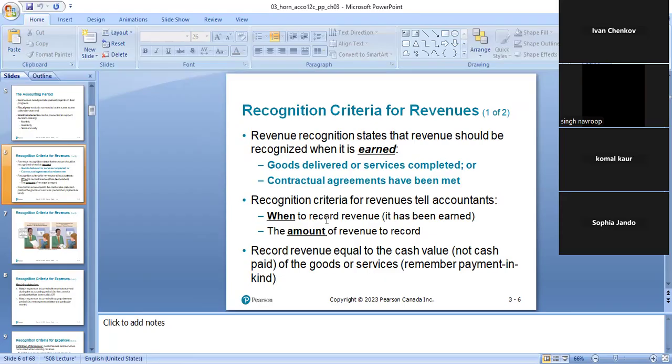When the recognition happens, that's a different story. For example, all of you paid for the course before the course started. Now, the exchange of the cash consideration was made. Douglas College received your cash. You received a promise that you're going to get something in the future. Now, the question is, what did you pay for? You paid for the service.